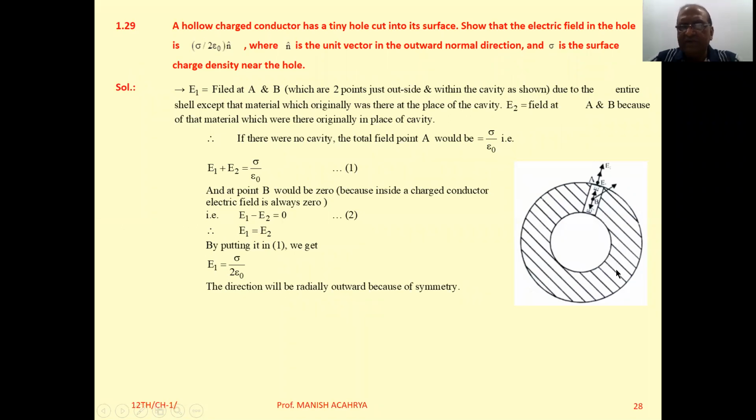This one is the hollow charged conductor, and this one is the tiny hole cut into the surface. Suppose first we think about the electric field at point A, which is at the surface, and at point B, which is just inside the surface in this hole of the charged conductor.